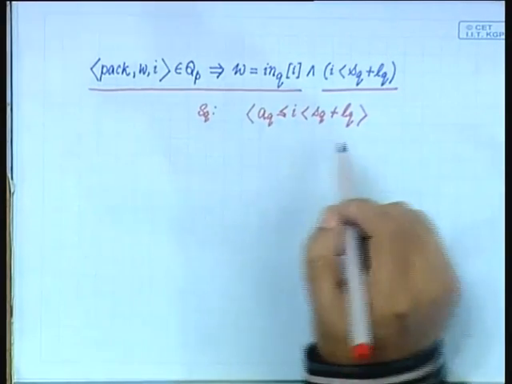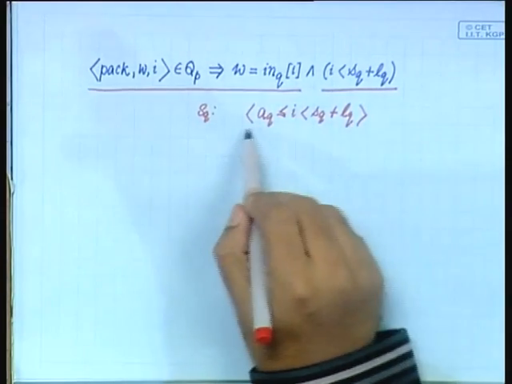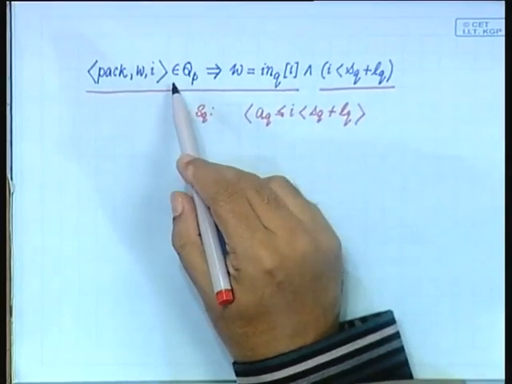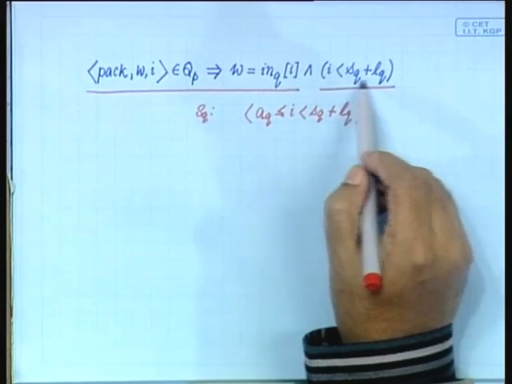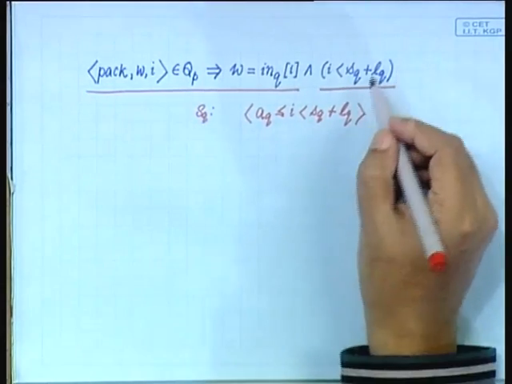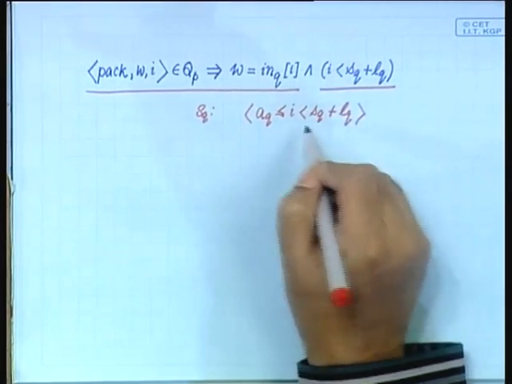Remember, by the definition of the protocol, we send packets only in this interval. So, therefore, if the packet is already sent, that means that this I is less than SQ plus LQ. However, we need to make sure that at the time of sending, of course, this was the case.